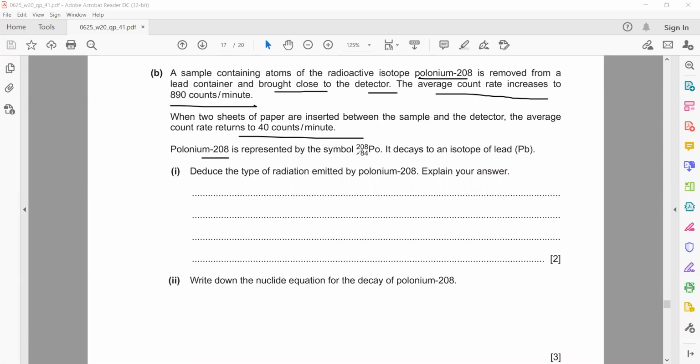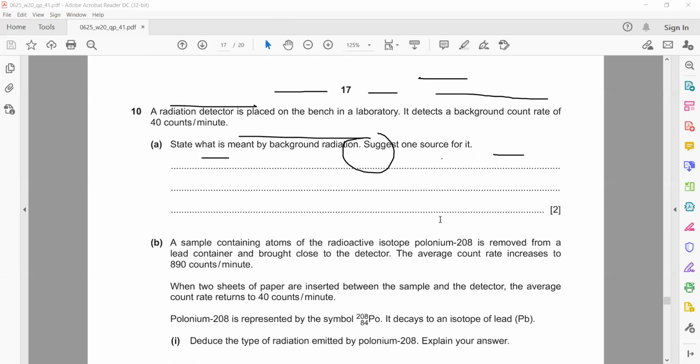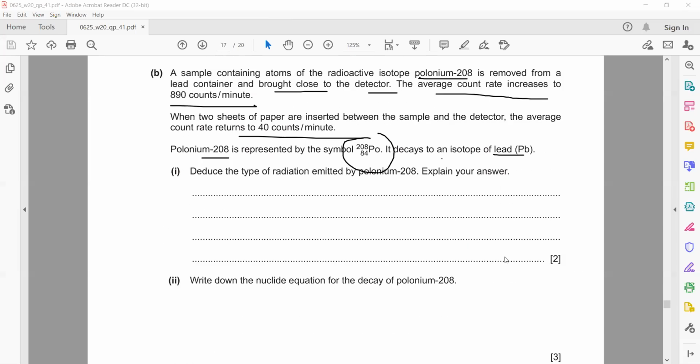Polonium-208 is represented by the symbol with 84 and 208. It decays to an isotope of lead. Deduce the type of radiation emitted by polonium and explain your answer. So lead is 82.